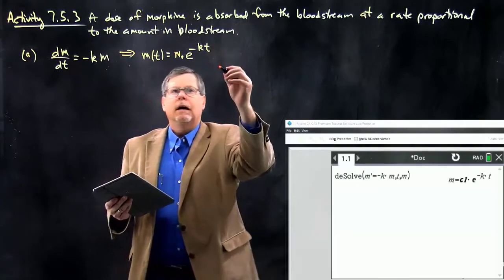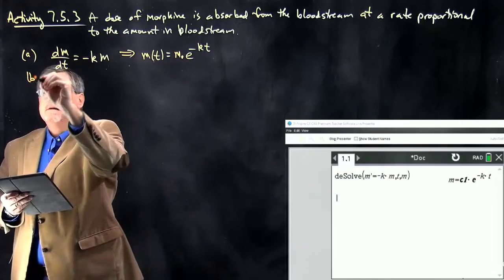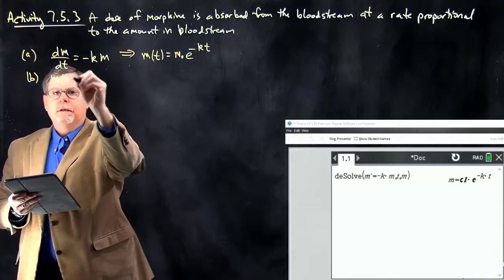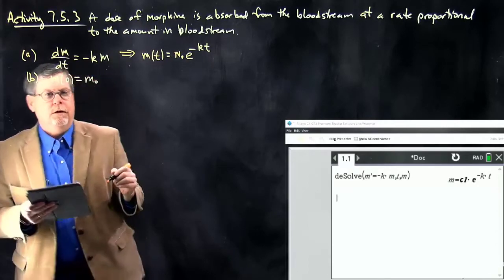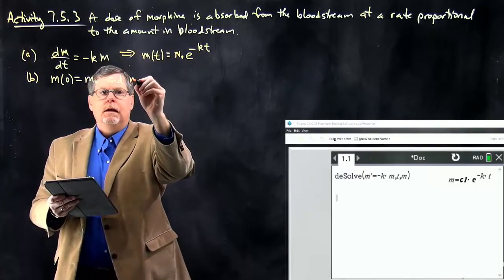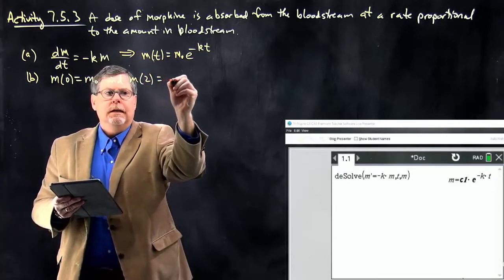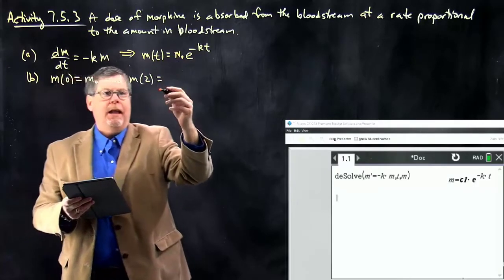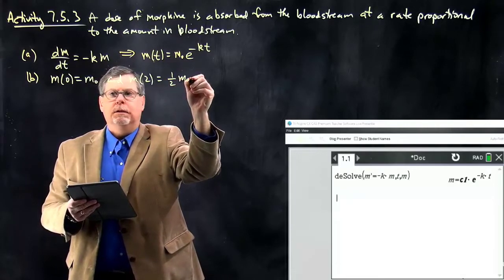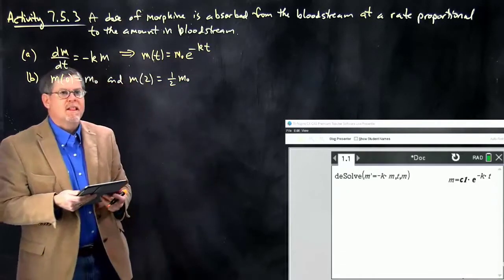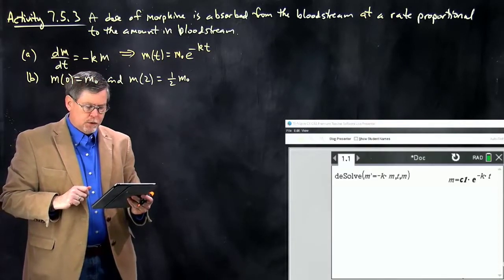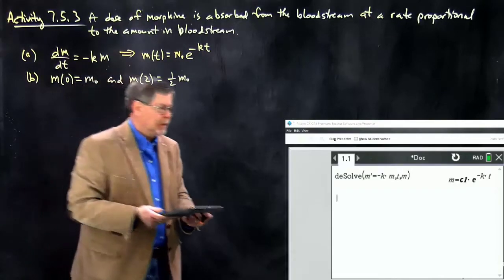So in part B, we know that M of 0 is what we're calling M sub 0, and M of 2 is going to be the half-life, so it should end up with half of what we started with. So it's going to be 1/2 M sub 0. Again, half-life. We're going to use that fact to find k. So let's do that.